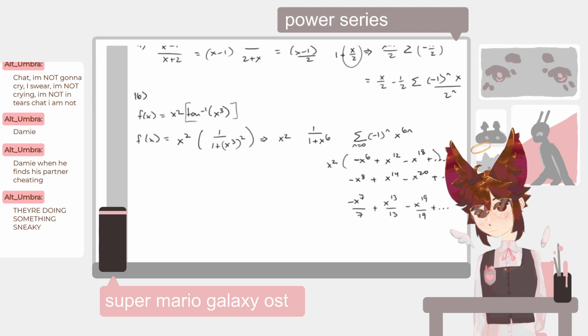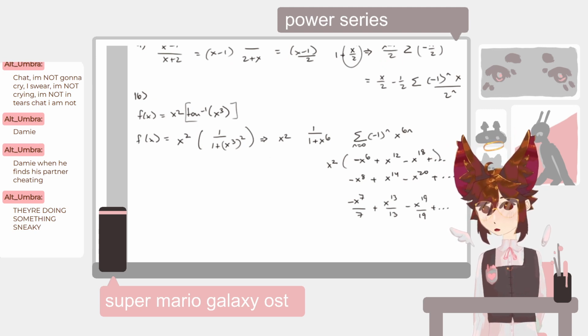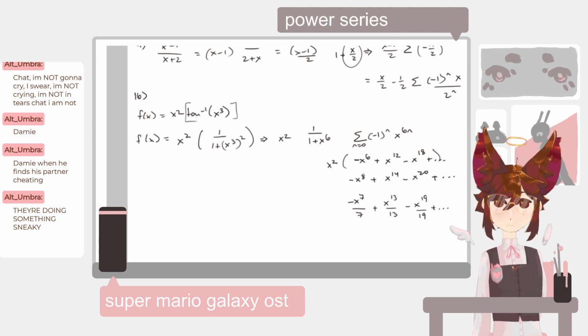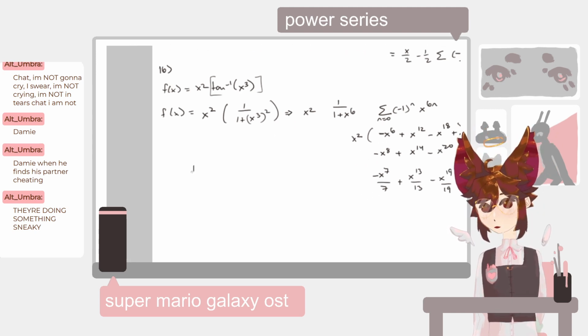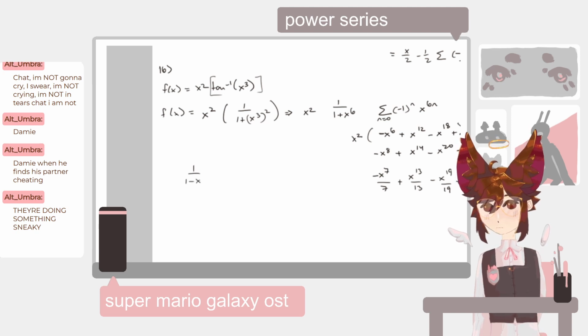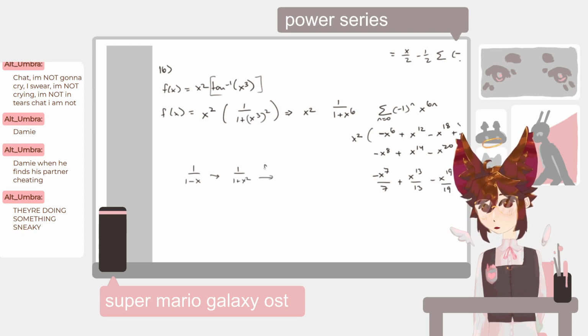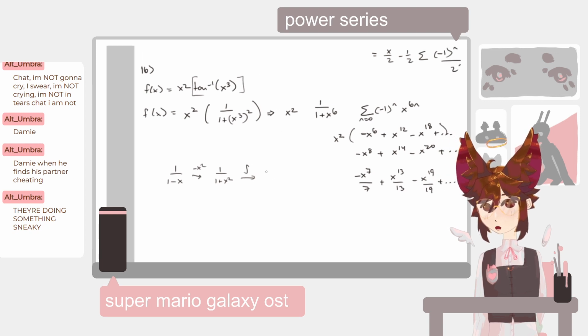So they worked backwards. They said they started with, we start with 1 minus 1x, right? Then you change this to 1 plus x squared. Then we integrate. And we get tan inverse of x.